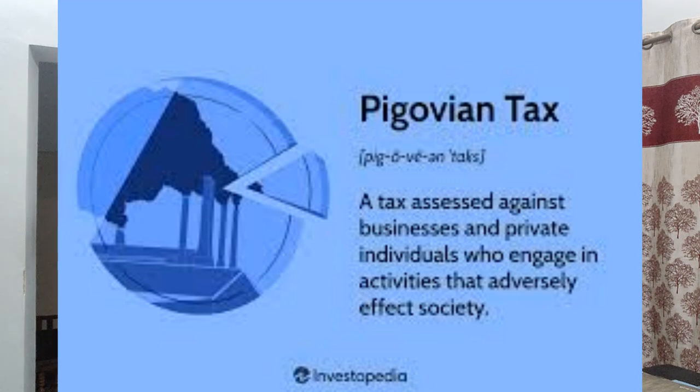He also argued that the government should intervene to address externalities and proposed a tax on negative externalities and provide subsidy for positive externalities, which is known as the Pigouvian tax.